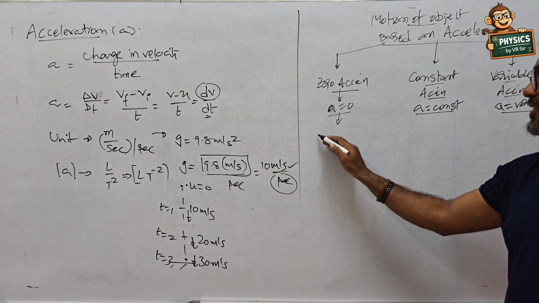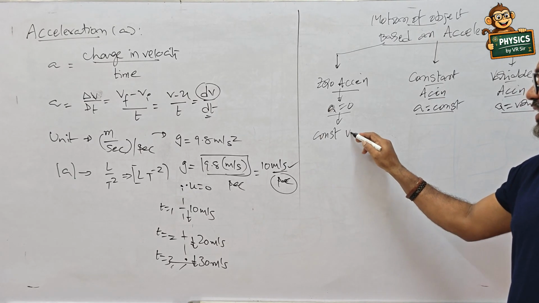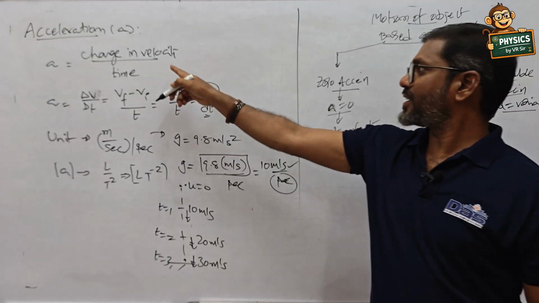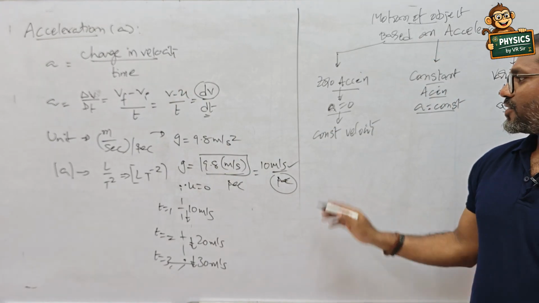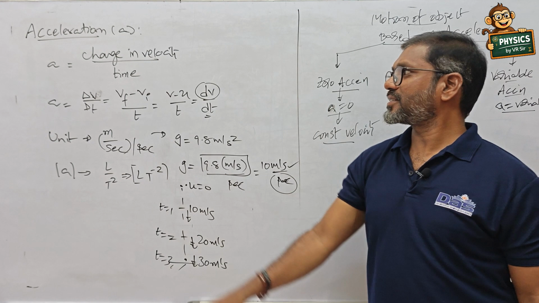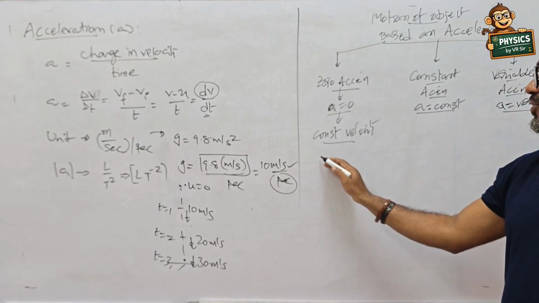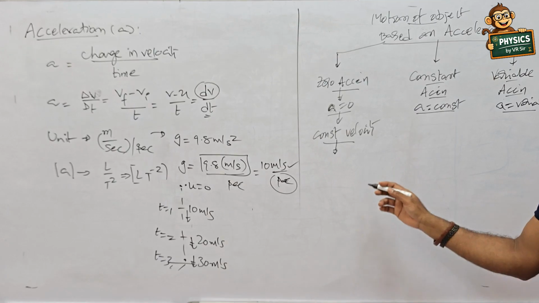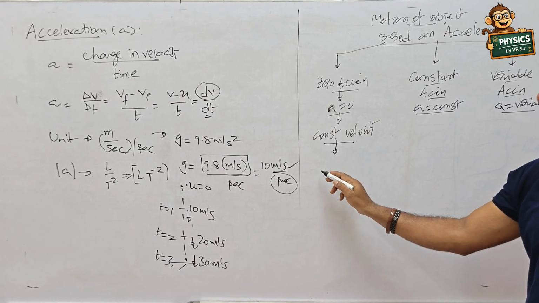Now, this zero acceleration case is also called constant velocity. Why? Because how do you define acceleration? Acceleration is defined as change in velocity, right? When velocity is constant, there is no change in the velocity, so acceleration is 0. Therefore, in this case, is there anything to study about the motion of the body? It's a simpler case, we can say.